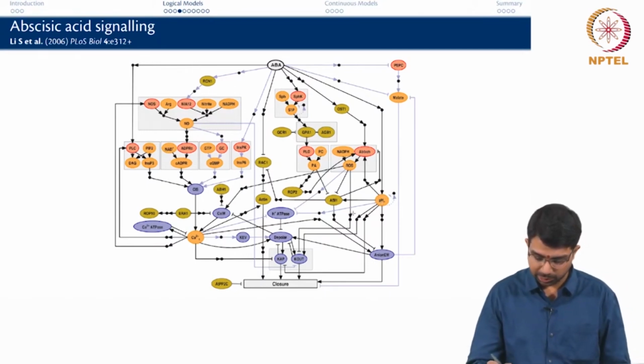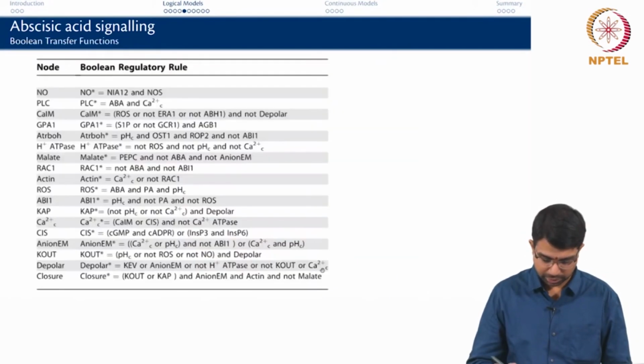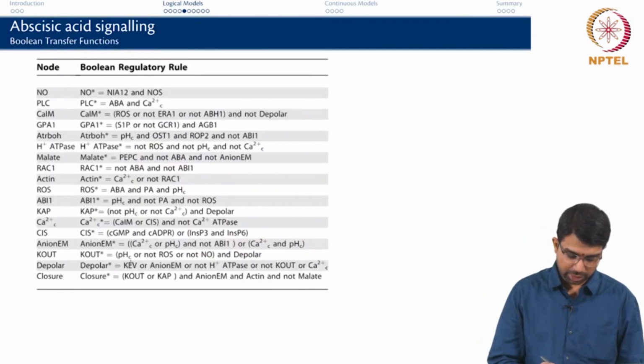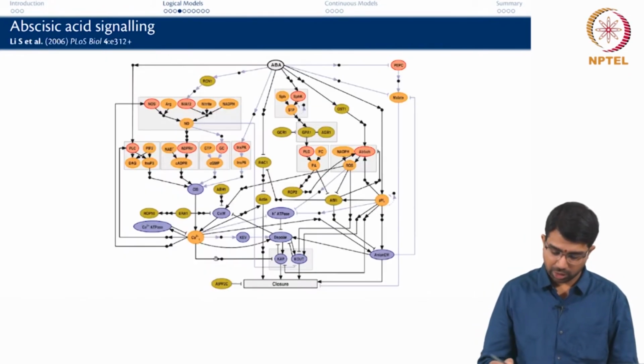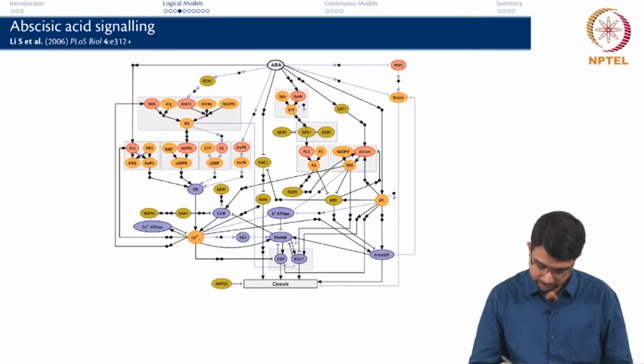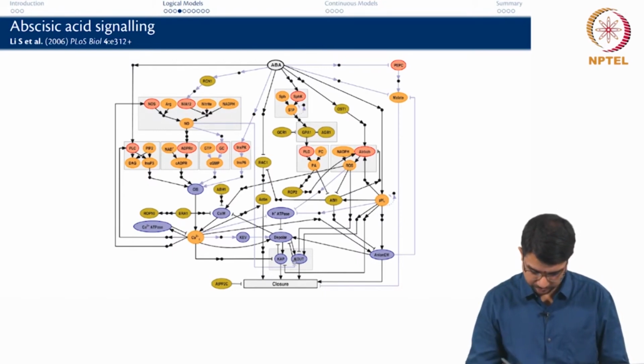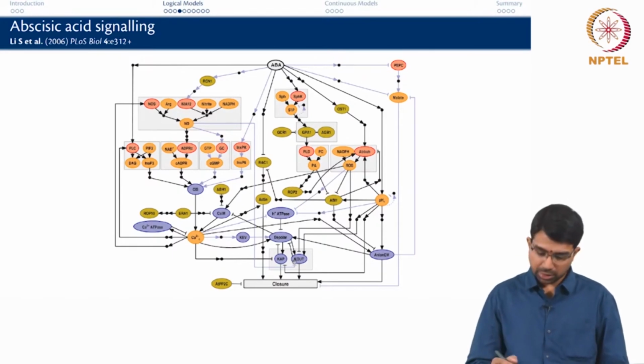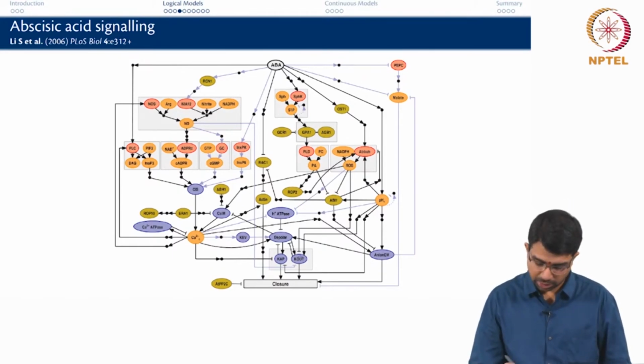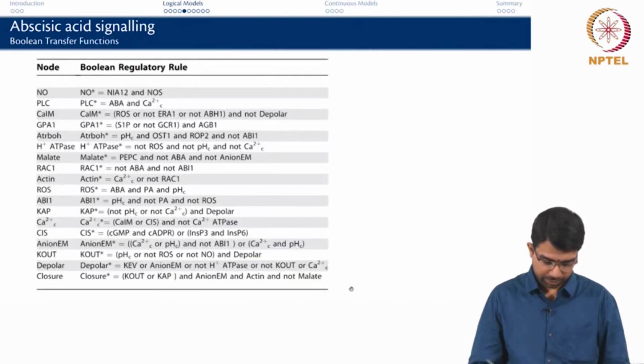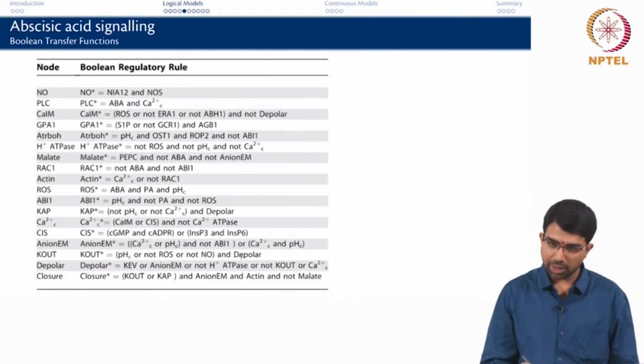For example, here it says pH inhibits so many of these things, right. So, K out is pH or not ROS or not NO, K out is pH, ROS not, and NO that comes via this, right. So, it is easy to kind of frame these rules. You just pick your node of interest, look at all the incident arrows and encode them up, right, and depolar, right.